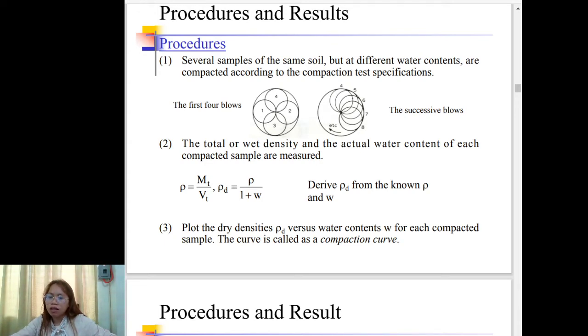So the dry density can be derived from the known moist density and the moisture content. Then plot the dry densities, rho sub d, versus the water content w for each compacted sample. The curve is called the compaction curve.